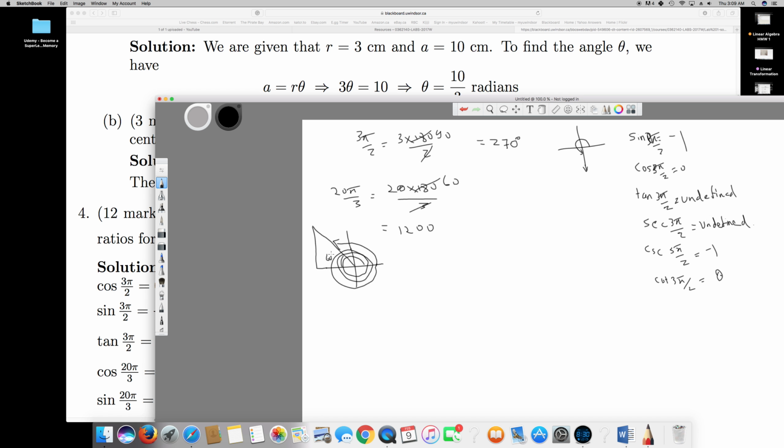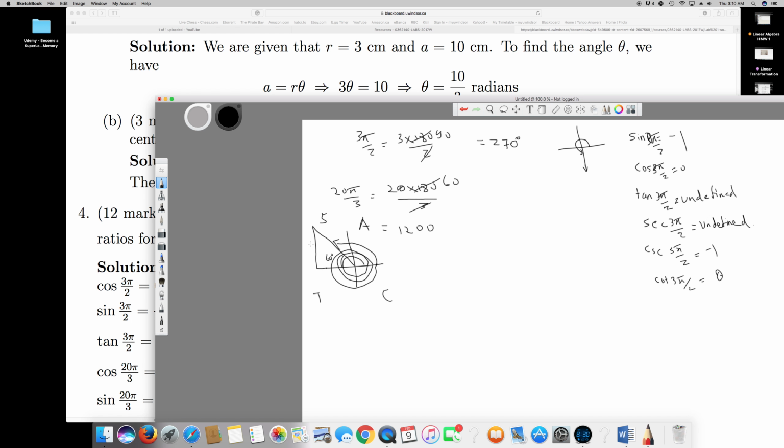So 60 degrees. Since this one is true, we have to remember ASTC: all silver teacup, all students take calculus. So A is the first quadrant, S is the second quadrant, T is the third quadrant, C is the fourth quadrant. In the second quadrant, sine is positive and all the others are negative. So since this is 60 degrees, sin 60 is going to be root 3 by 2 and cos 60 is going to be half.